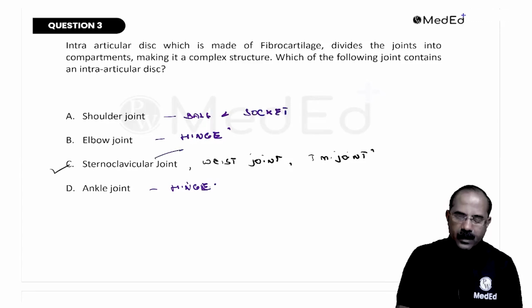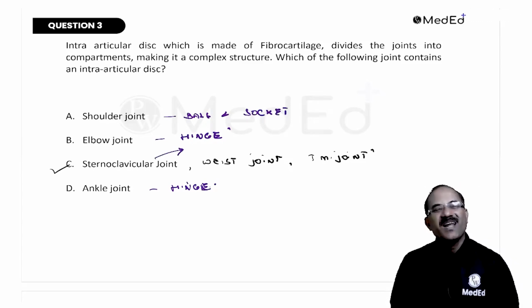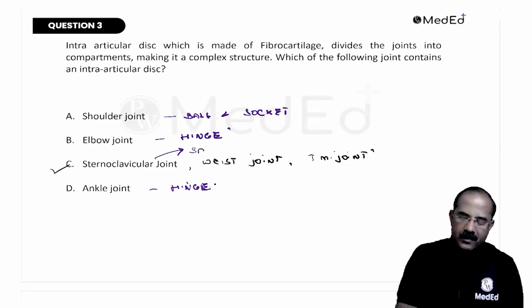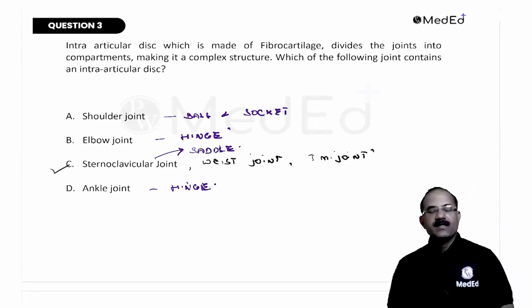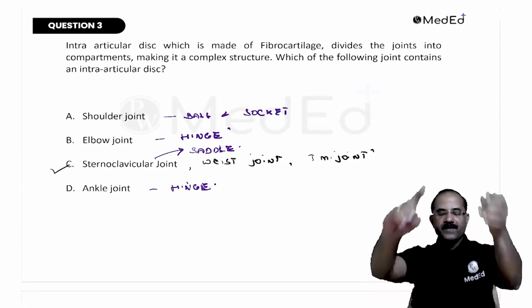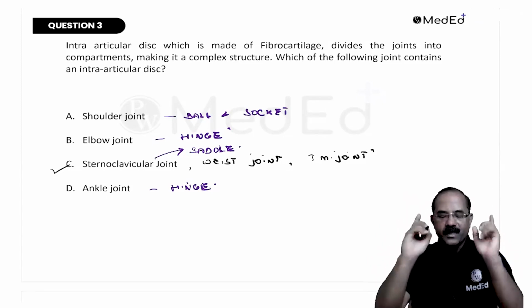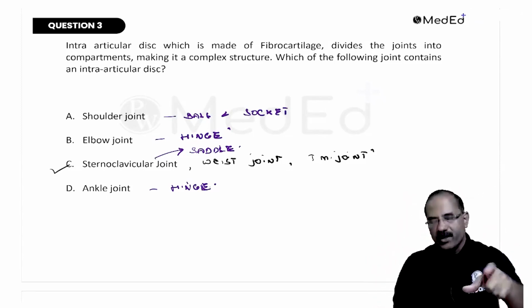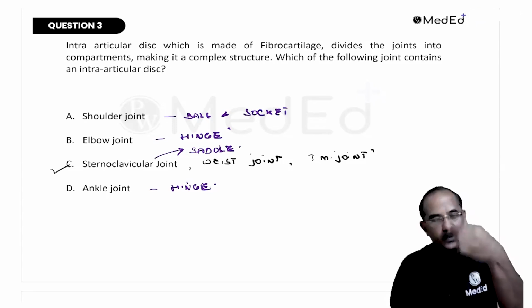Sternoclavicular joint, what is the type? Sternoclavicular joint is a saddle type of synovial joint. So shoulder joint is ball and socket, elbow joint is hinge, ankle joint is hinge, and sternoclavicular joint is saddle type of synovial joint.